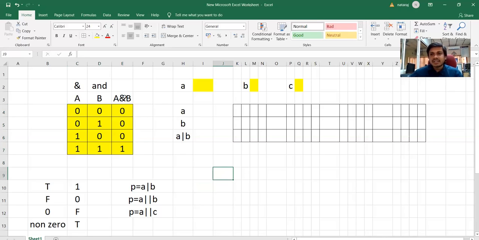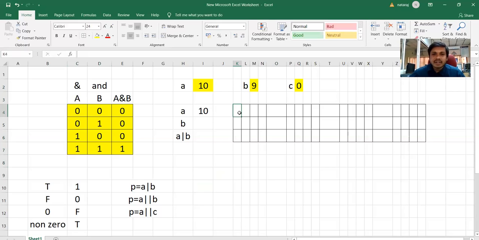Now we will see this with an example. Let A value be 10 and B value be 9 and C be 0. So 10 will be represented as a 16-bit number because it is an integer. Integer means 2 bytes. 2 bytes means 16 bits, right?